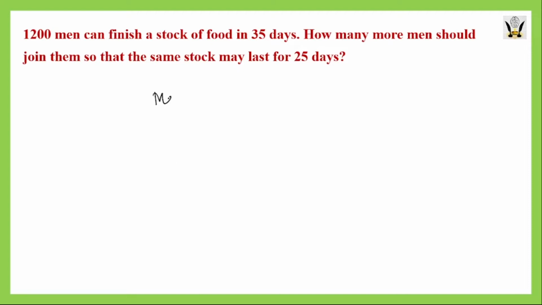The first quantity is the number of men, and the second quantity is time, given in number of days. So the first value of the first quantity is 1200 and the first value of the second quantity is 35 days, as per the first line of the problem statement.